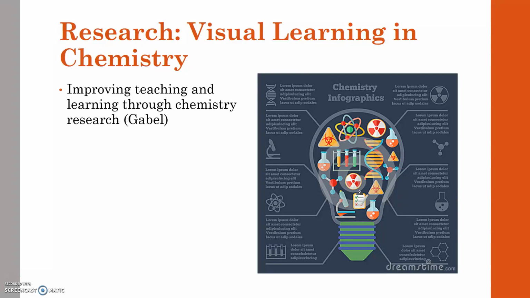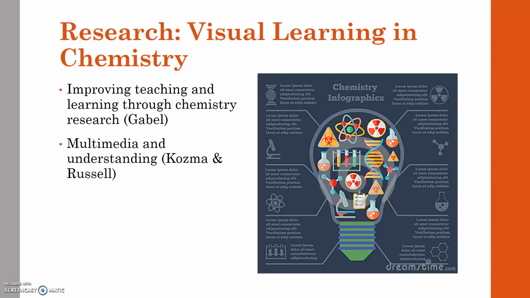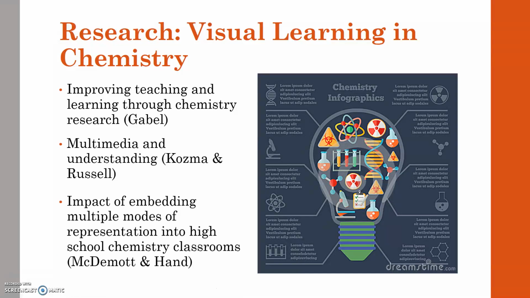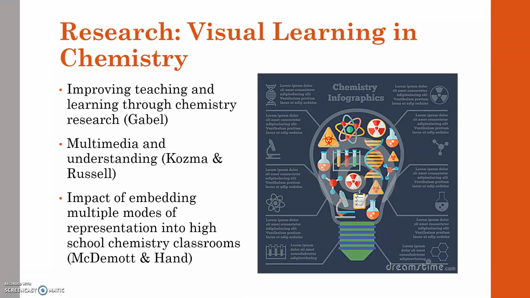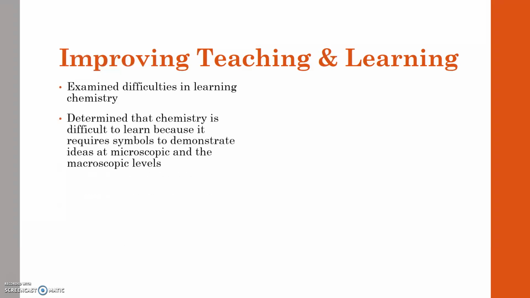The three articles that I chose to review were Improving Teaching and Learning Through Chemistry Research by Gable, Multimedia and Understanding by Cosma and Russell, and The Impact of Embedding Multiple Modes of Representation into High School Chemistry Classrooms by McDermott and Hant. The first article by Gable, Improving Teaching and Learning, examined difficulties in learning chemistry.